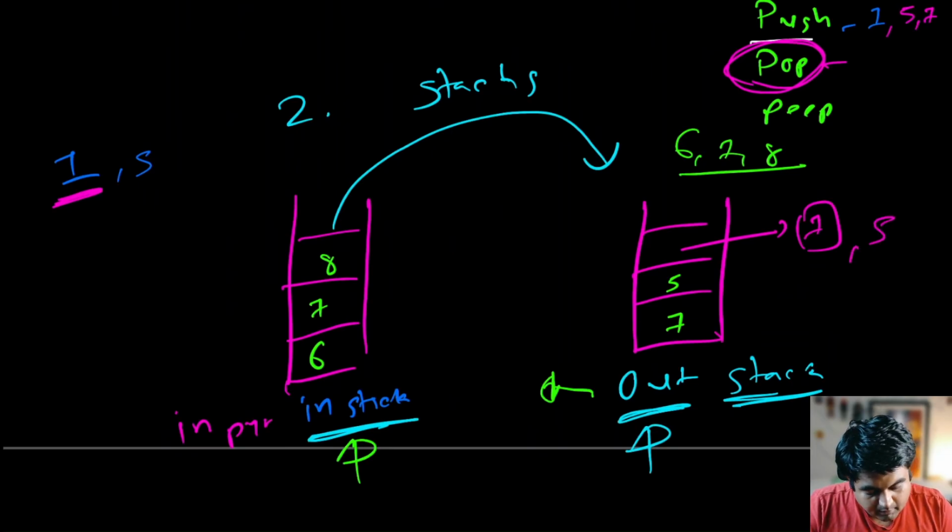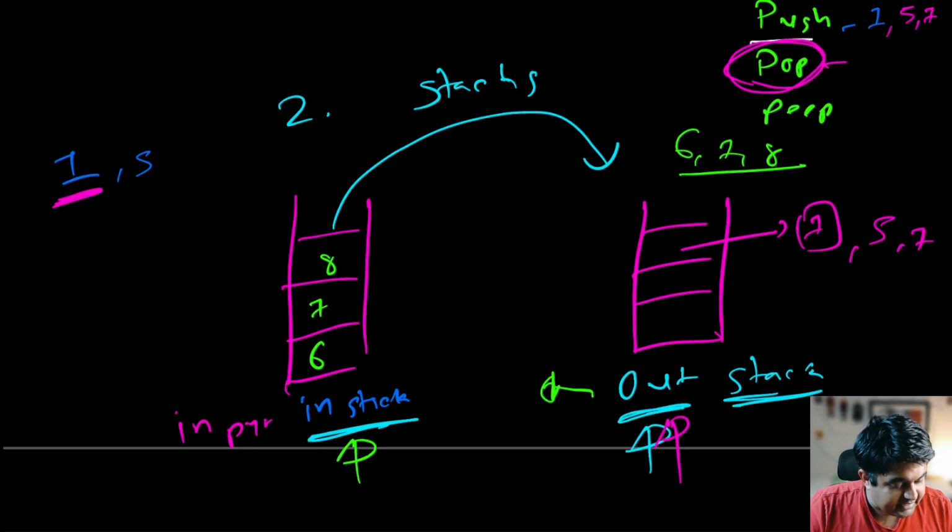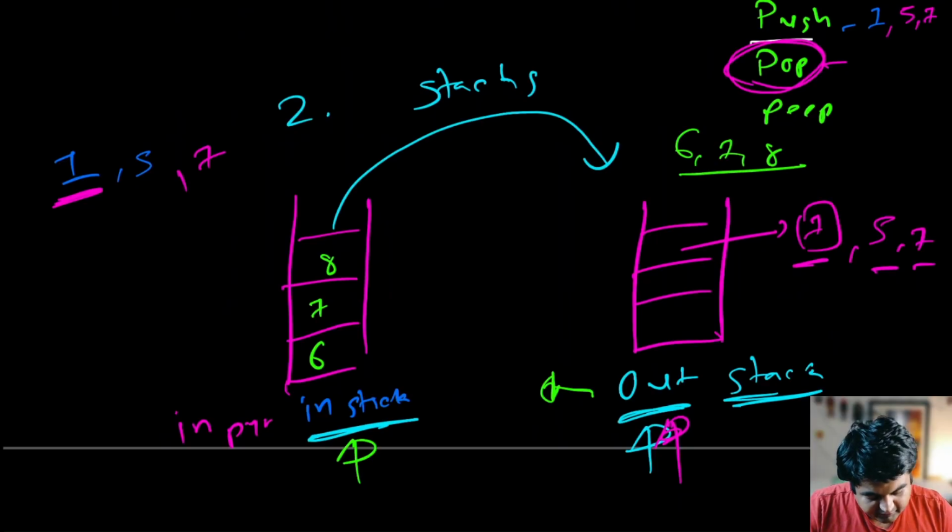Then if I pop once again, 5 is no longer here, so I would kick 7 out. Now notice that this stack becomes empty once again. And notice that 1, 5 and 7 is the same sequence in which we originally entered elements in our in stack. So we basically followed the principle of a queue, or FIFO, but using two stacks.